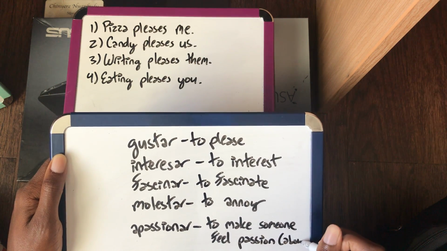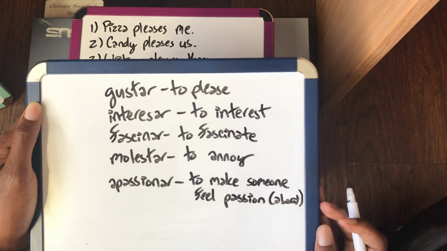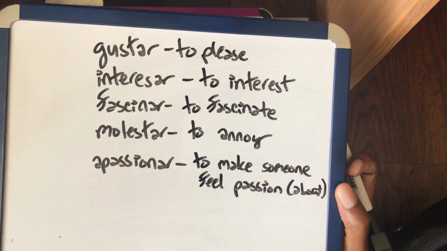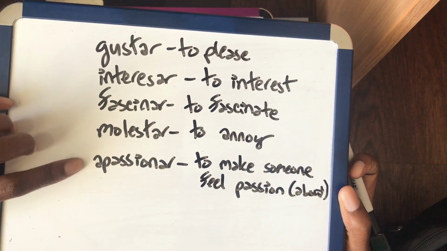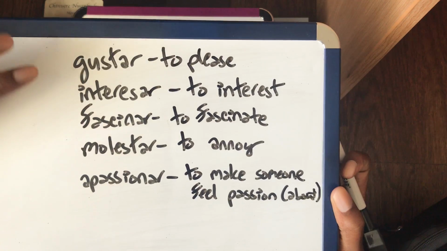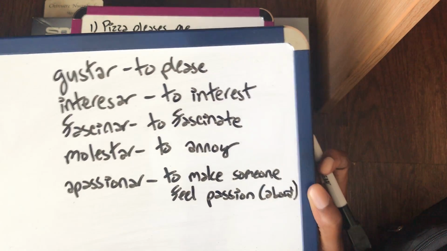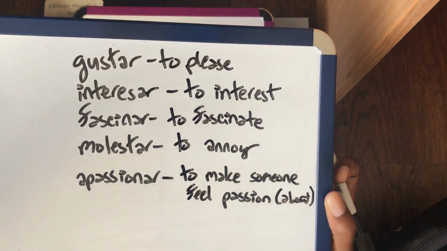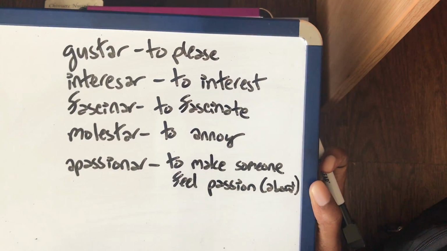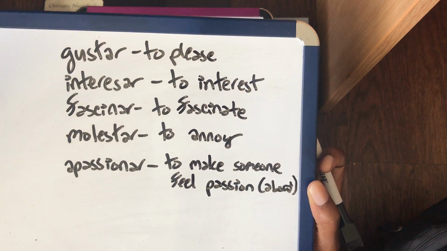Like how in English you say, oh, I'm passionate about children, or whatever. This is the verb that you would use for that in Spanish. And it works like gustar, so it'd flip it, so it'd be children, passion, me. Los niños me apasionan, or me apasionan los niños.